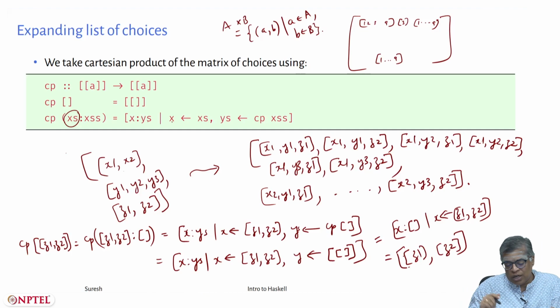Now, if I have to do the Cartesian product of y1, y2, y3 with this, I will first put y1 before z1, y1 before z2, y2 before z1, y2 before z2, y3 before z1, y3 before z2.